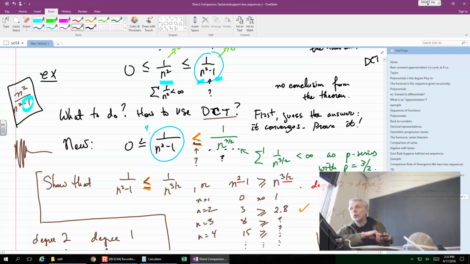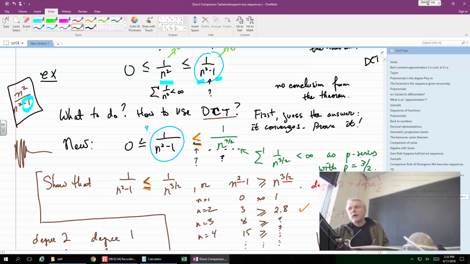So those two sequences that we look at should indeed be compared as such: is their long-term behavior similar? That's roughly the question we want to answer, rather than one dominating the other. The direct comparison test is about domination of one over the other.